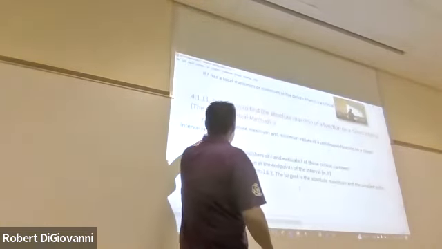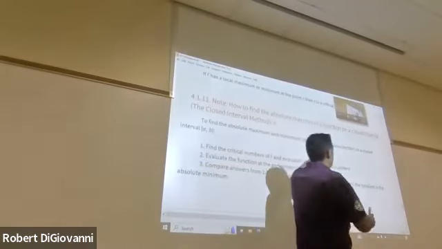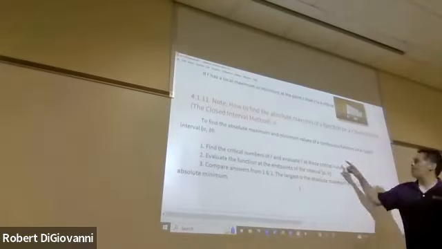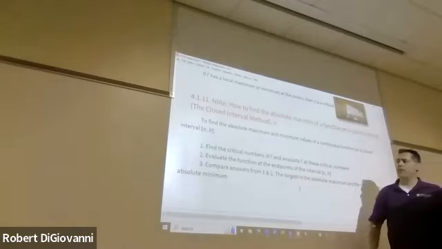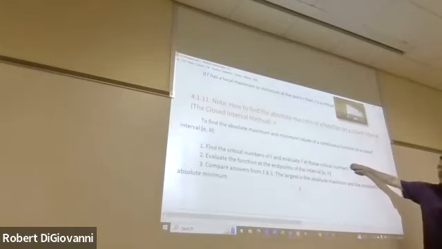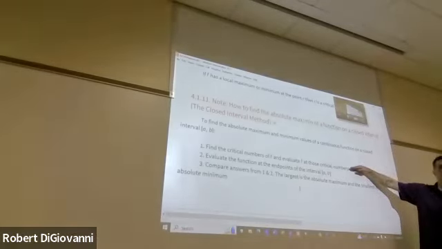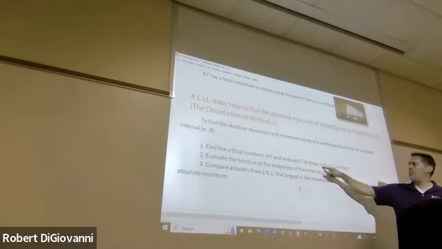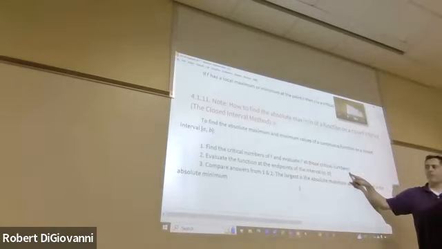To find the absolute maximum and minimum values of a continuous function, we have to have continuity on a closed interval [a, b]. There are 3 steps. The first thing you're going to do is find the critical numbers of the function, which is what I was just demonstrating, and then we evaluate our function f at those critical numbers.